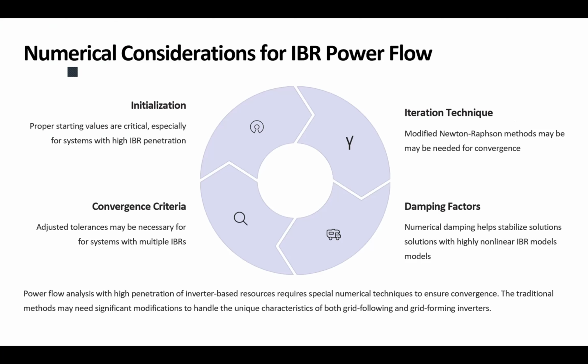In order to do that, you have to have some considerations based on what we discussed. First of all, the initialization. When we have GFM and GFL, the initial guess cannot be just haphazardly chosen because of the nonlinearity in the system.